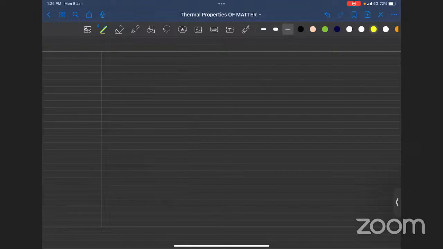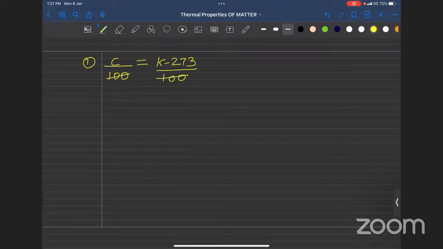First it says C minus 0 upon 100, because it's 0. So C minus 0 is again C. First, K minus 273 upon 100. Okay. So when you solve this, you will be able to get the answer as K equals C plus 273.